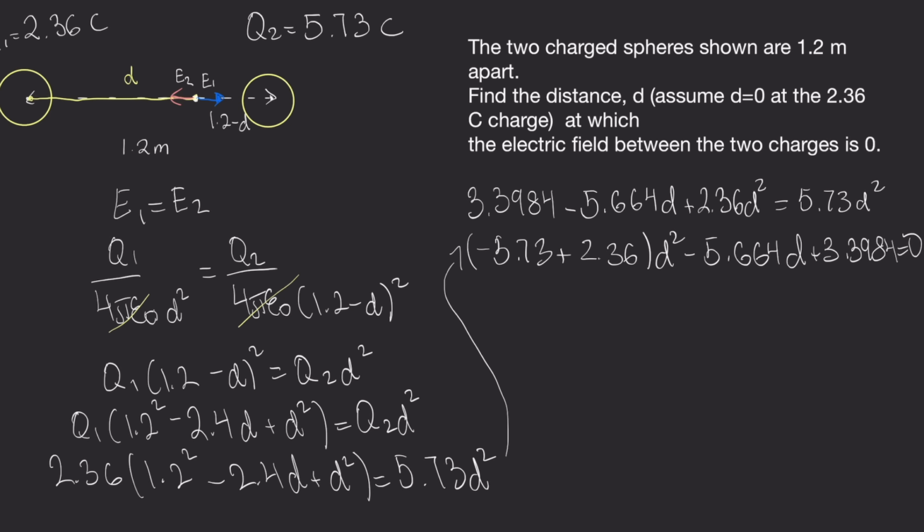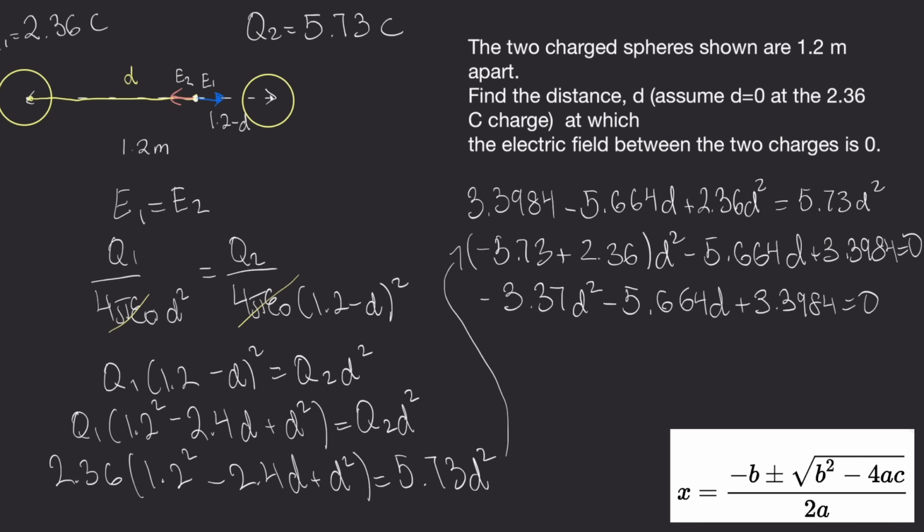Remember, the quadratic formula is given in your formula sheet, so our x, or indeed our distance, will be given by minus b. So what is that going to give me? 5.664, and then plus or minus the square root of b squared, which is 5.664 squared.